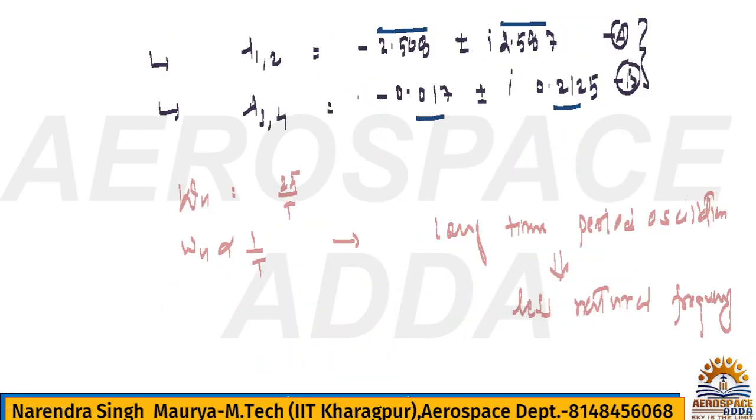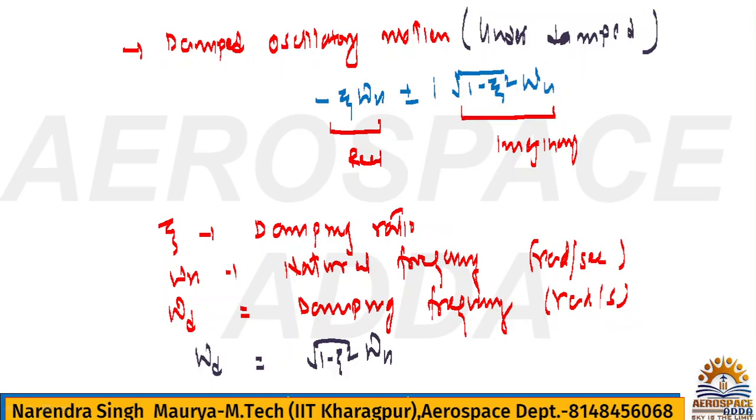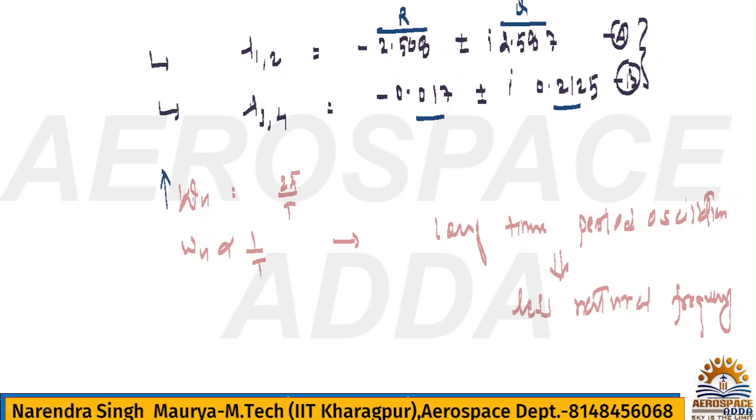Now the two roots you have checked. See the first, this is the real part and this is the imaginary part, R and Q, you can say. So the real part, if you check, is high. If the real part is high, it means natural frequency will be high, because in the real part we have natural frequency. So if the first real part is high, it means natural frequency is high.